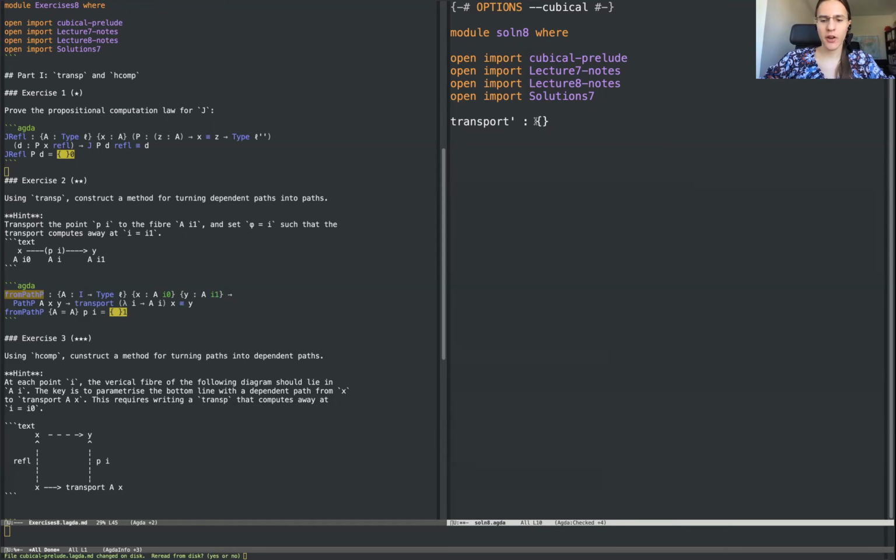Well, given a line of types, let's call this A, and this should be an explicit argument, given a point of A of i0, you get a point of A of i1.